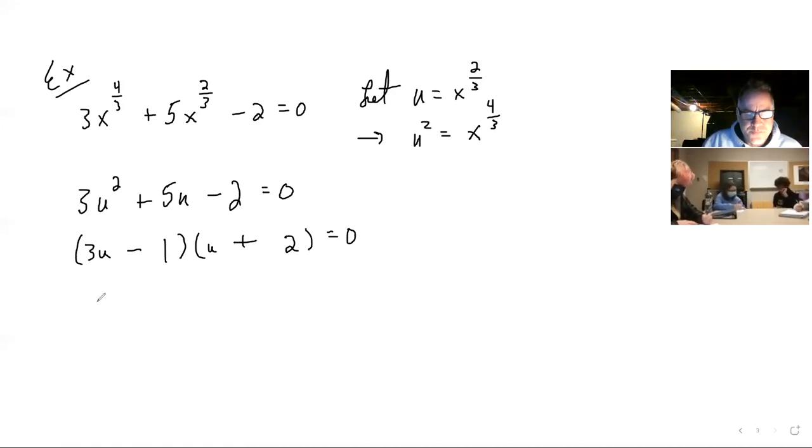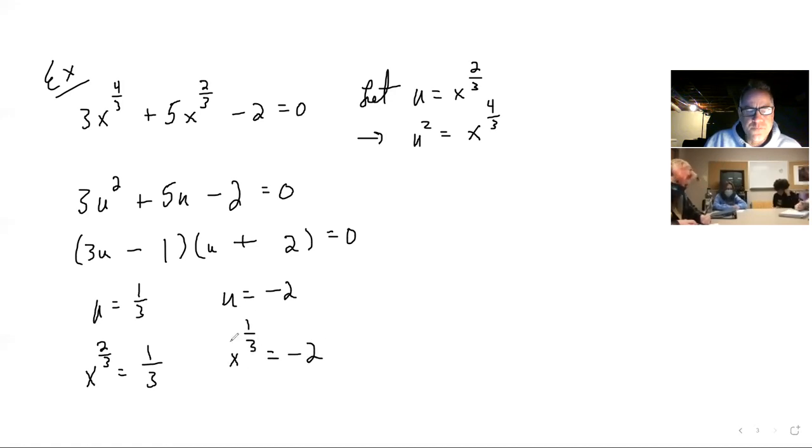All right, and that means that u is, setting this one equal to 0, take the 1 over and divide by 3. You're going to have u equals 1/3. Here, I'm going to have u to be -2. All right, so I got to go back, figure out what x was. So I'll go x to the 2/3 equals 1/3. And x to the 1/3 equals -2.